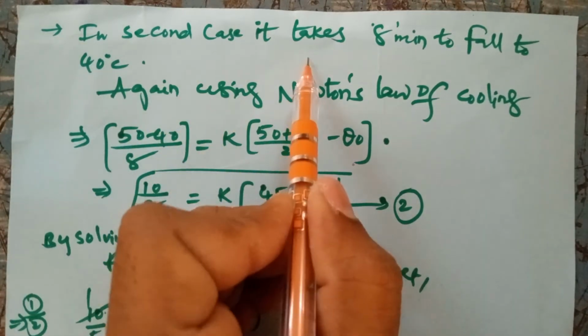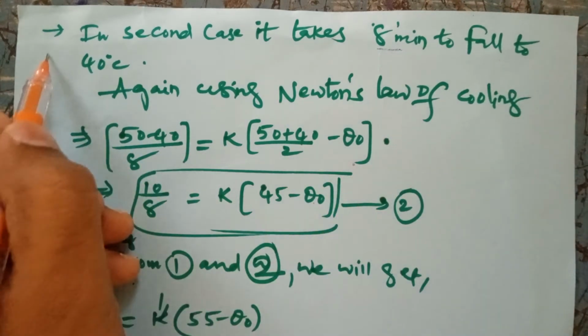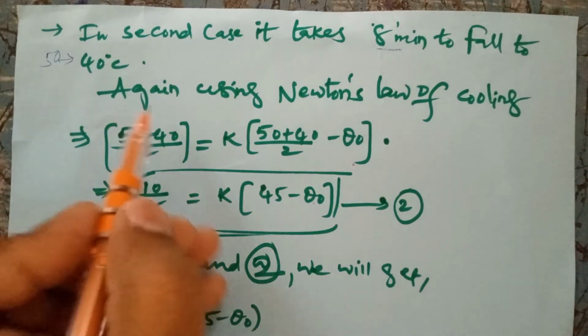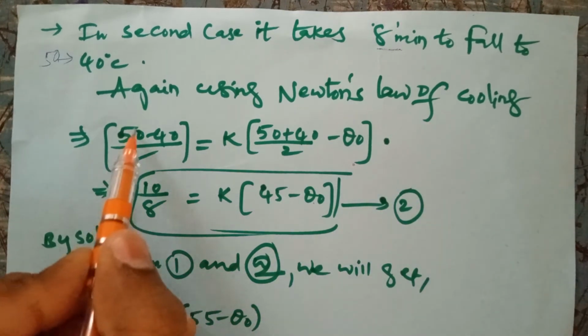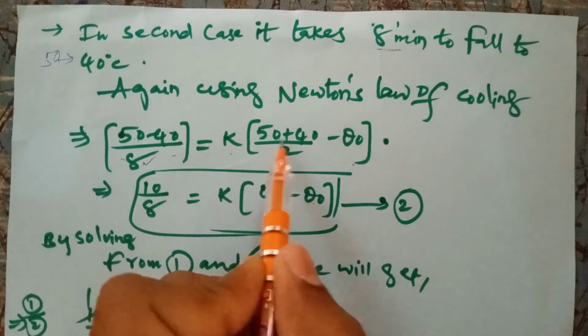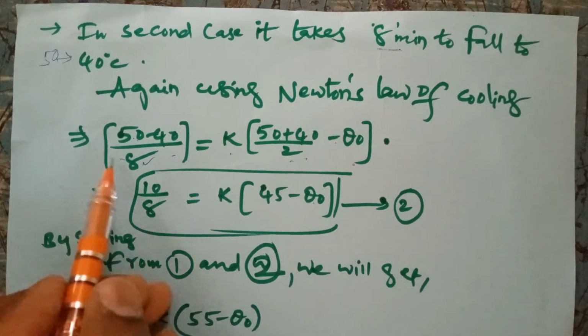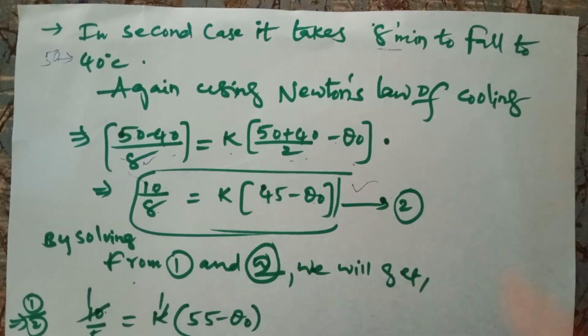In the second case, it takes 8 minutes to fall from 50 to 40. Again using Newton's law of cooling, dθ by dt, the difference 50 minus 40 by 8 is equal to k into (θ1 plus θ2)/2 minus θ0. So 10 by 8 is equal to k into (45 minus θ0).